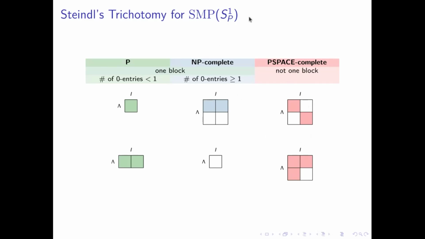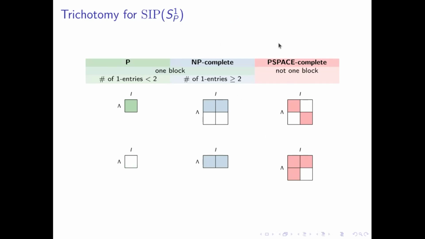But if you don't have zero entries at all, then it's in P. And in the SIP case, the trichotomy for SIP is the same for the PSPACE-complete case, but when you have one block and more than one entry, it's NP-complete. If you have at most one entry, it's in P. So I thought it was a pretty interesting picture.